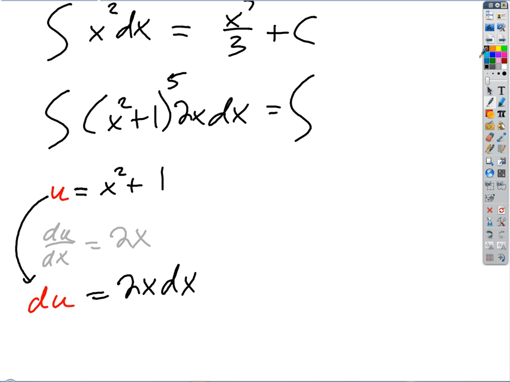Okay, well that's u right there, isn't it? I end up with u to the 5th times, what's all that? That's du. Wow, that was slick, wasn't it? Look what we accomplished there. Does everybody appreciate what we just did? We made something that looked pretty ugly into something that looks really simple.